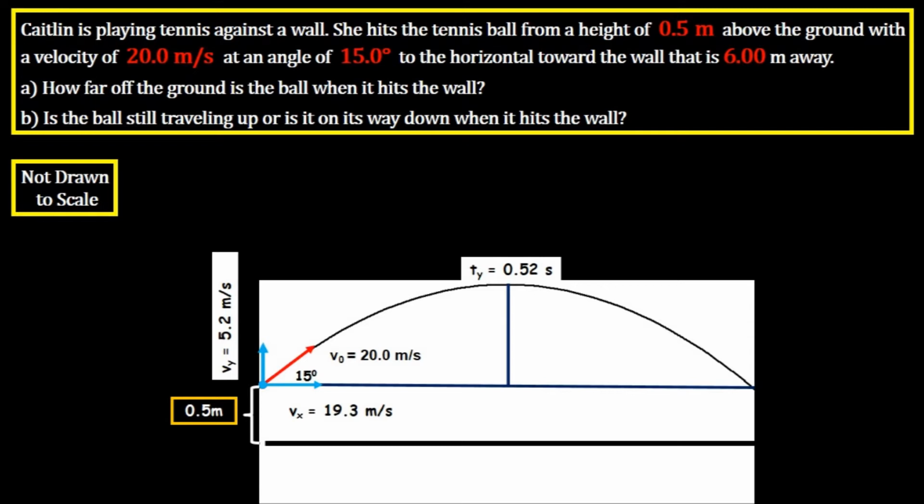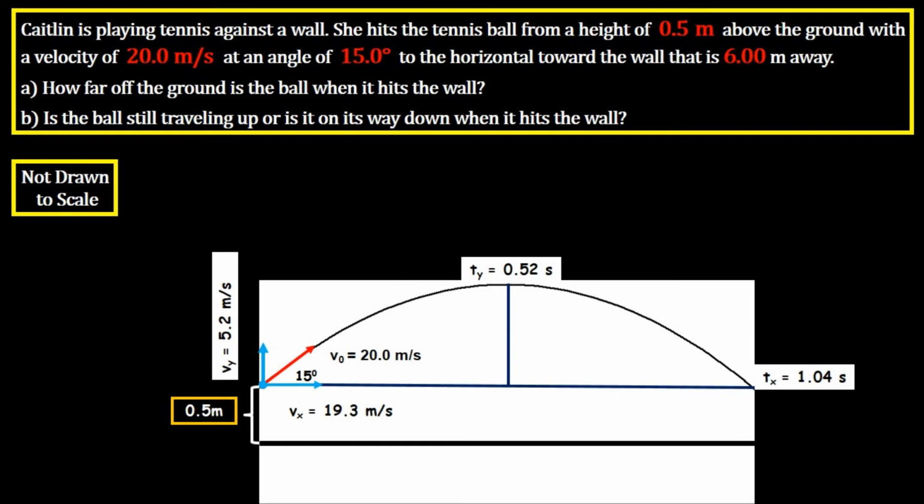I could do it 5 ty squared, but I won't. There is tx, 1.04 seconds, just to complete it. Really an unnecessary quantity. You don't really need to find tx, but you want to write down everything you know, and then choose from what you have to see if you have enough information to solve the problem.